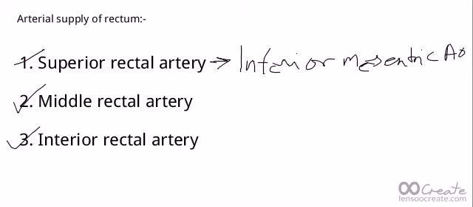It is a continuation of inferior mesenteric artery, and it is the main artery supplying the rectum. It is the chief artery of rectum. The second artery is the middle rectal artery, it is a branch of internal iliac artery.